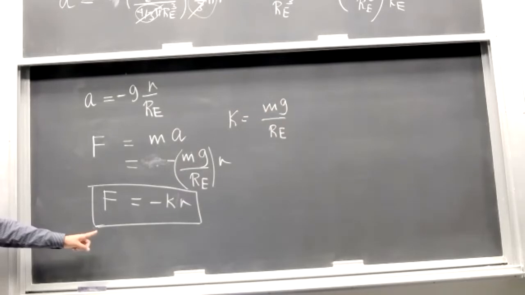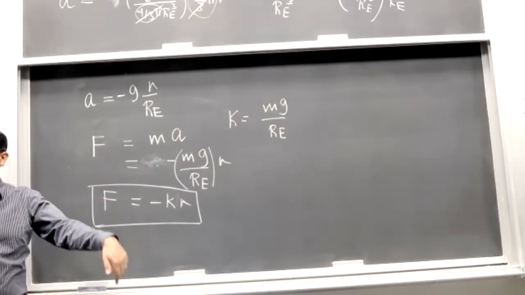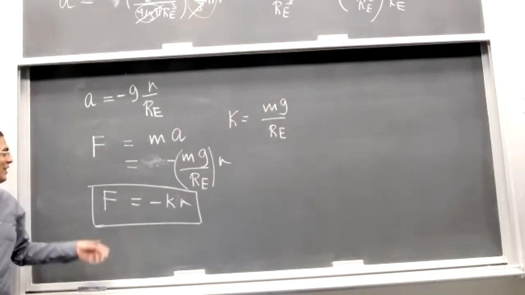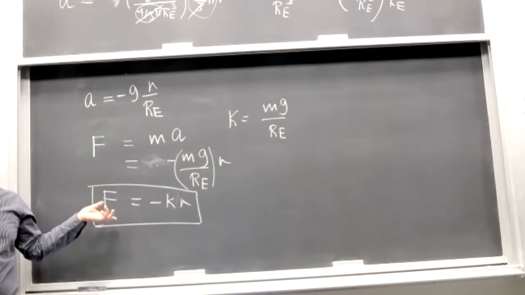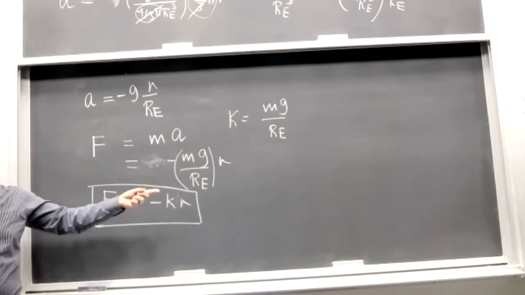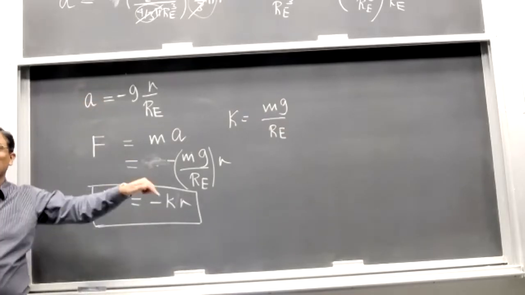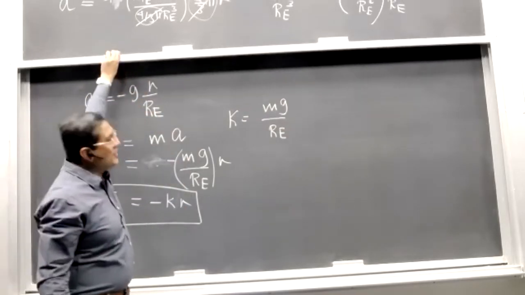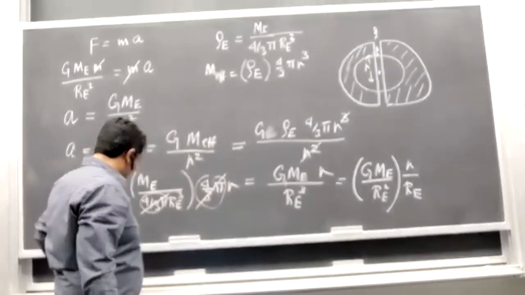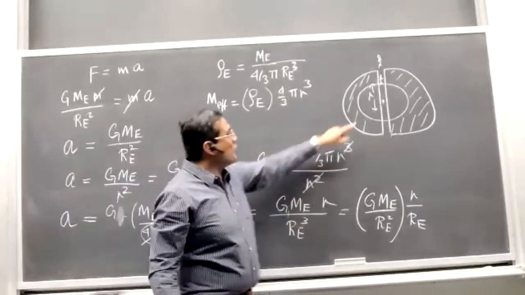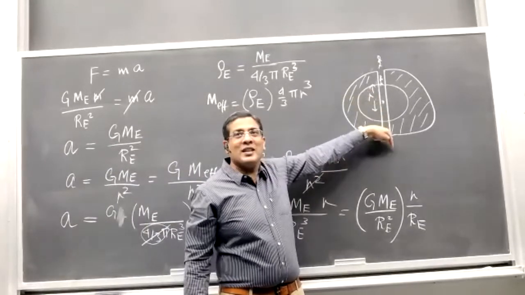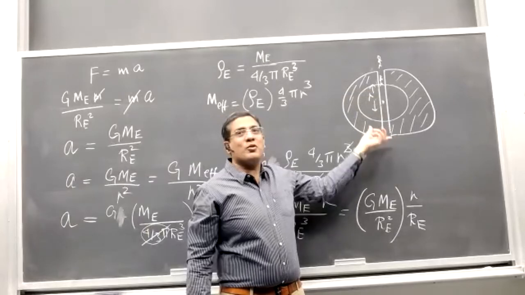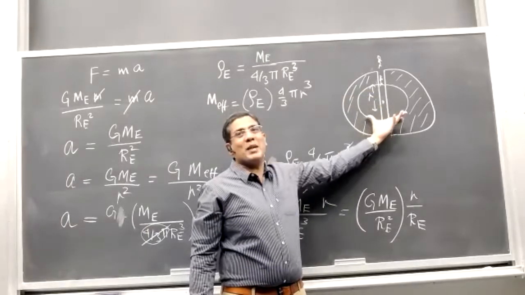Like a spring. That's exactly what happens if you cut a hole through the earth and jump into it. The force due to gravity on you would be just like a spring force. You would be oscillating back and forth. As you reach the center of the earth, you would be moving the fastest. And as you start going away, the earth tries to slow you down because the effective mass is increasing.